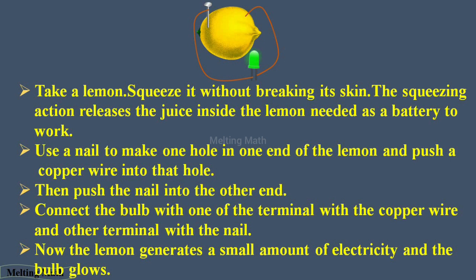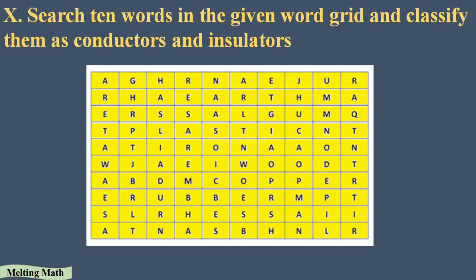Okay. Next is the tenth Roman numeral. Search 10 words in the given word grid and classify them as conductors and insulators. Okay. First, let's search for conductors. So let's search here for the words connected to conductors. Here we have aluminum, it's a conductor.